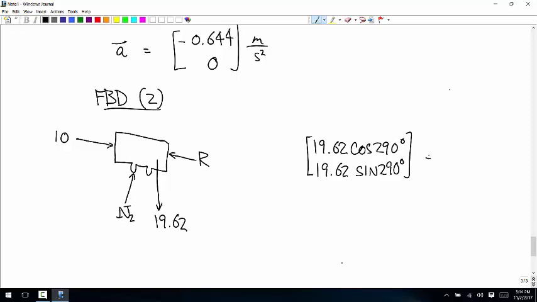What do you get for that? 6.71. And then what for the y component?